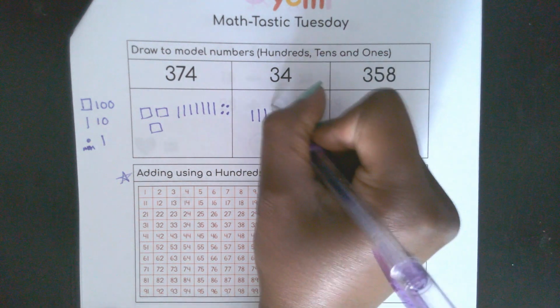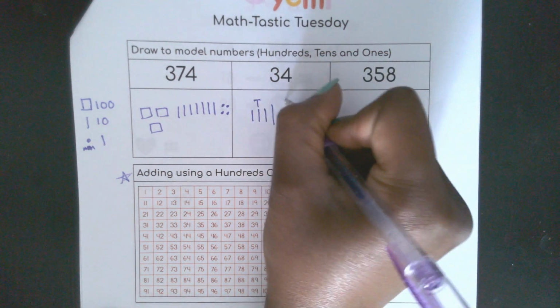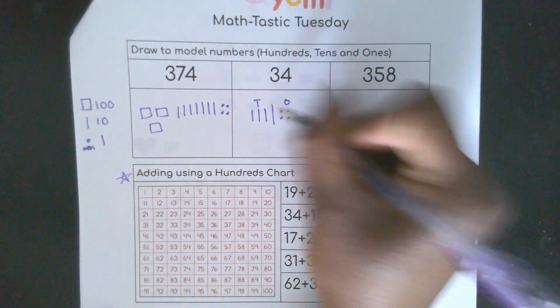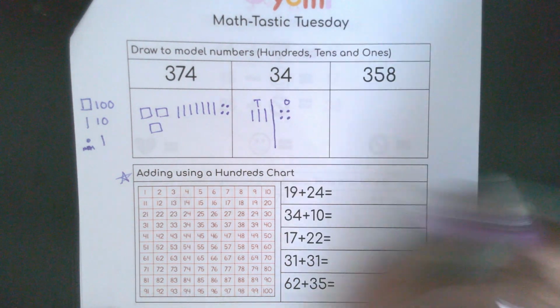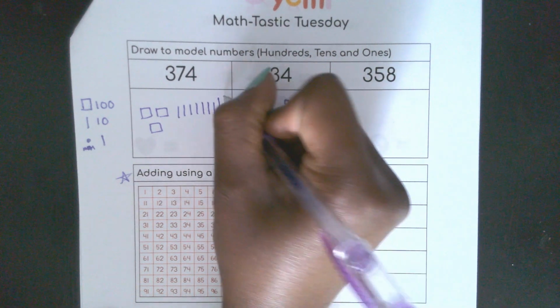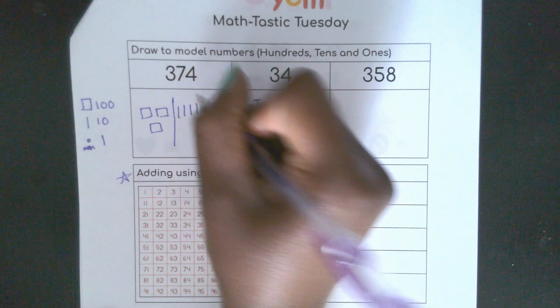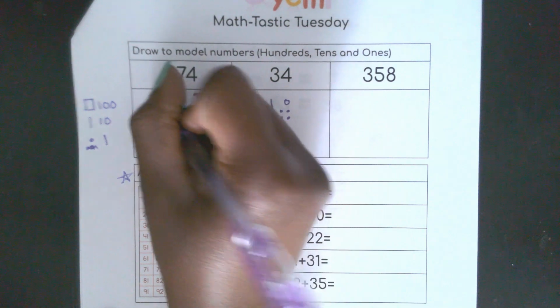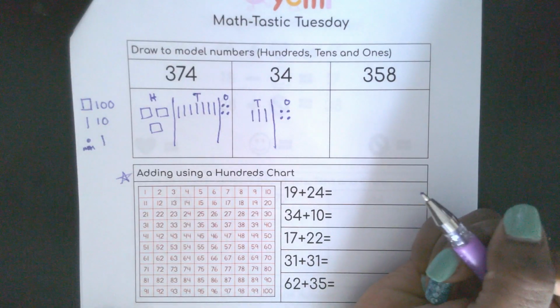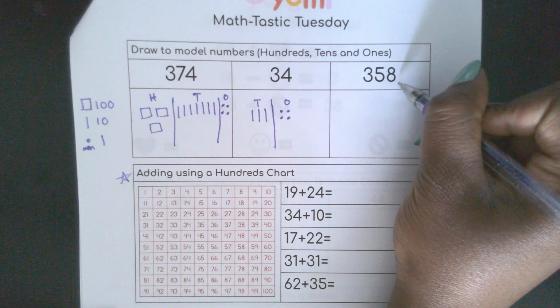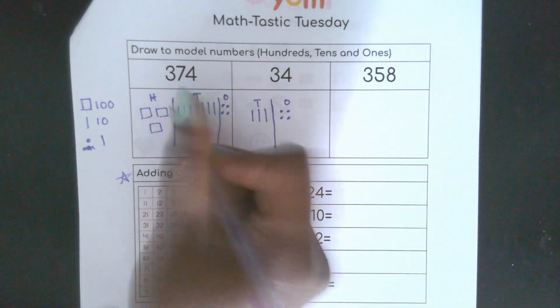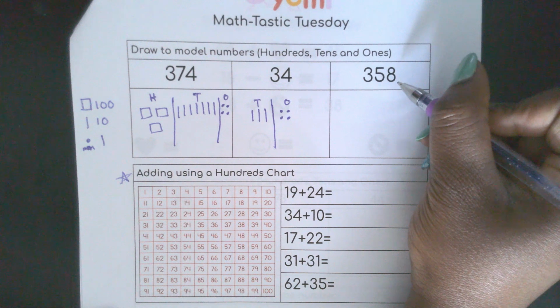So I can show you again our place value, that tens and ones, if I just do my place value chart. And then here I have my ones, I have tens, and I have hundreds. I'm going to do the same thing here, except now, like the first one, I have hundreds.